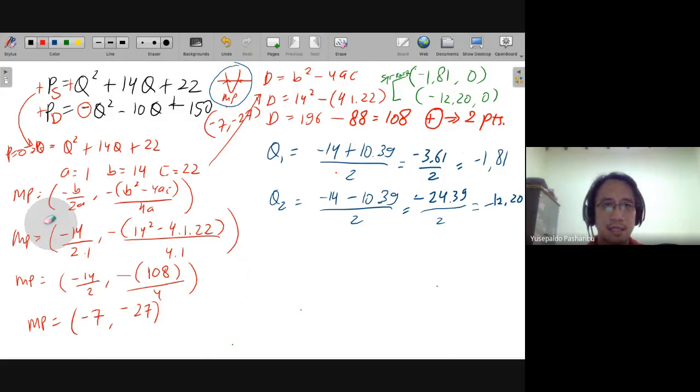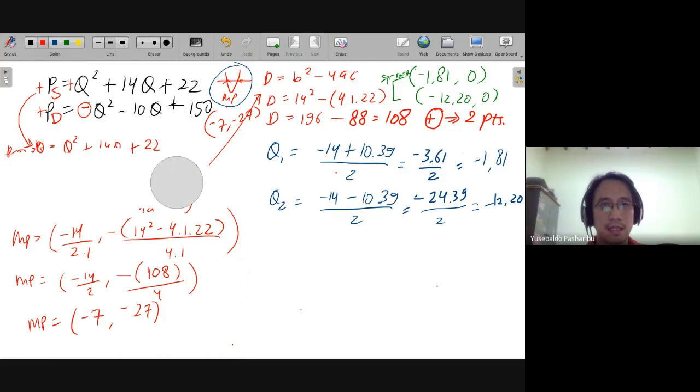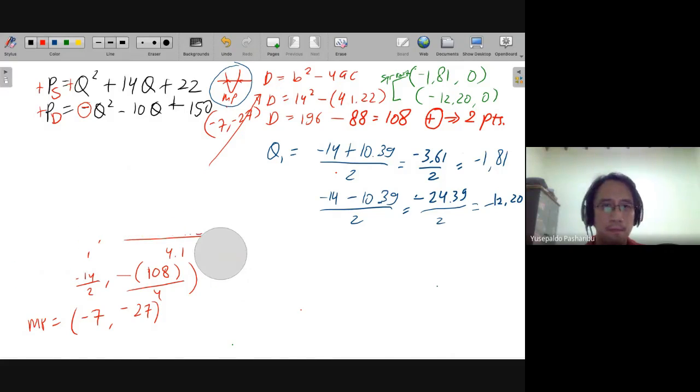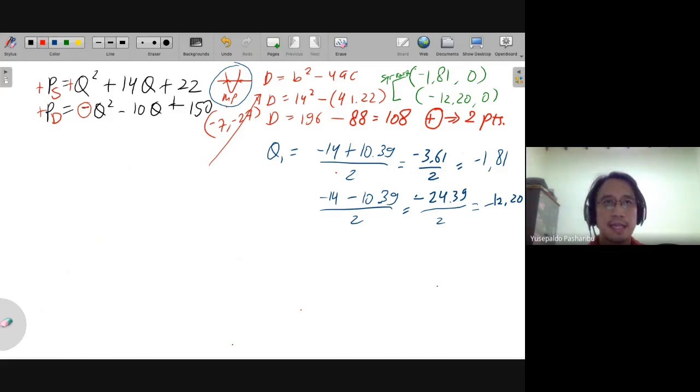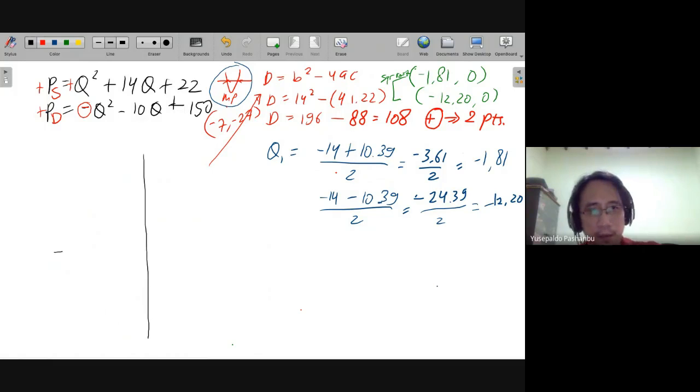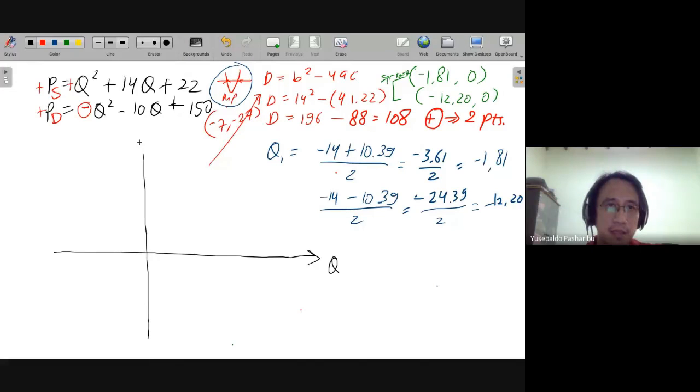Let's erase this and try to draw this parabolic graph. There are a lot of minus signs. So this is Q, this is P, or price.